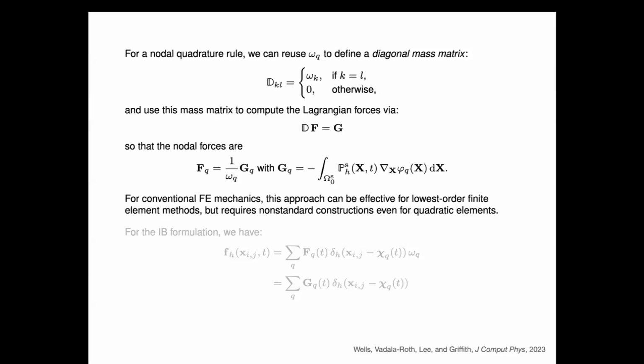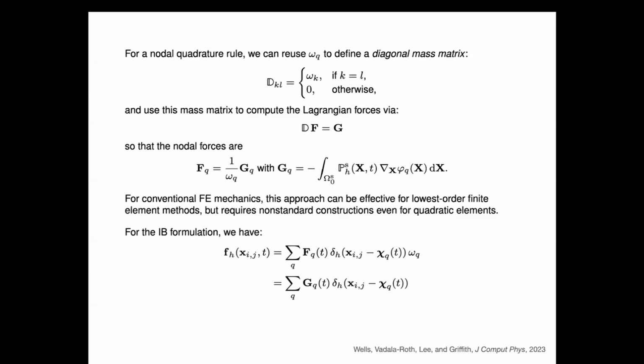If you're doing things on simplices, so on triangles or tetrahedra, diagonal mass matrices work great for linear elements, and they don't work at all for quadratic elements because the basis functions on the midpoints integrate to 0, and that causes problems. So with standard finite element mechanics approaches, you have to be careful once you get away from lowest order finite elements. And it turns out that this is not a problem for this immersed finite element difference method.